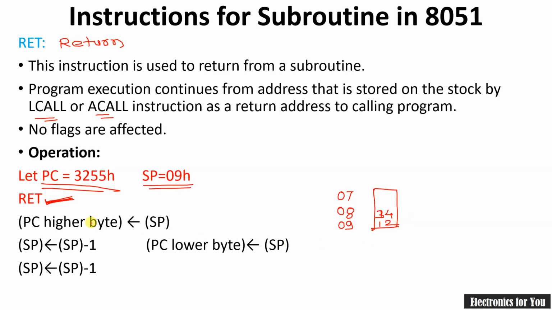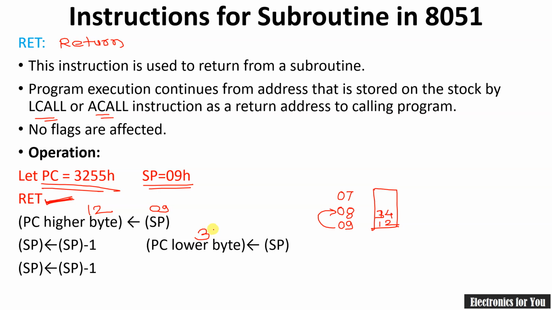Now this higher byte from the stack is just copied into the program counter, and therefore from 09H this 12 is copied to the program counter's higher byte. The program counter is actually 16 bits, so this is the higher byte. Now the stack pointer is decremented by 1. So from 09 we will move to 08H, and at 08H you know that 34H is written, that is the lower byte of the program counter.